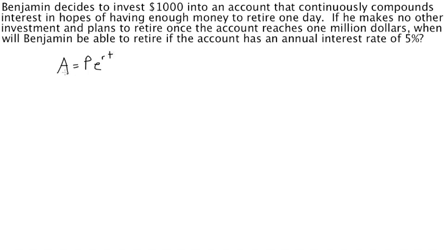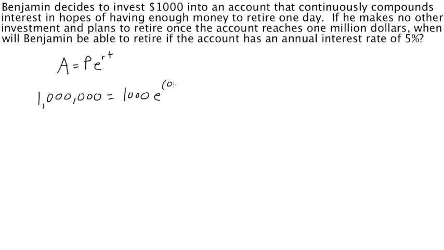So the amount that we want to have is $1 million. So $1 million equals our principal. We initially invest $1,000 times e^(rt). So our interest rate is 5%.